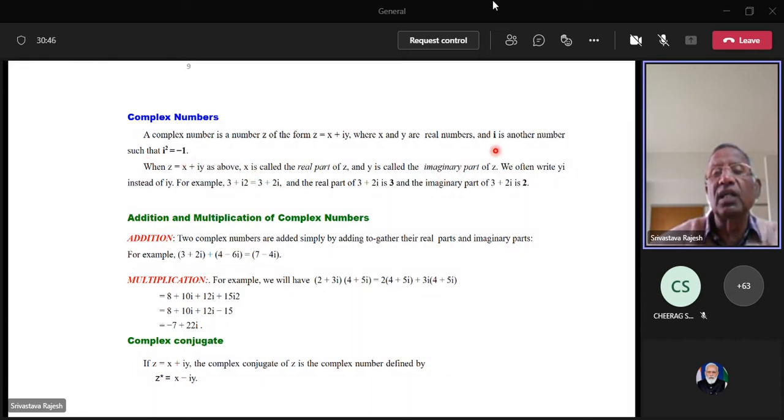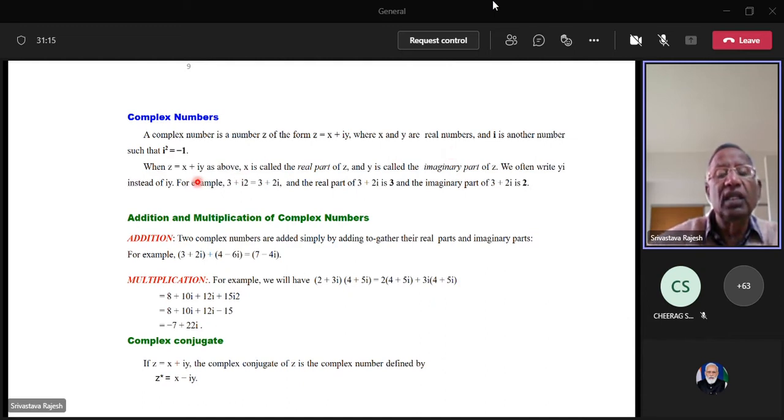Even if a quantity is purely imaginary, you have to write 0 for the real part and the imaginary part for this number. For example, if you want to declare some quantity complex and you are thinking that it's all purely real, then you can put the imaginary part equal to 0. If you know that there is no real part, put the real part 0. But you have to declare the complex number.